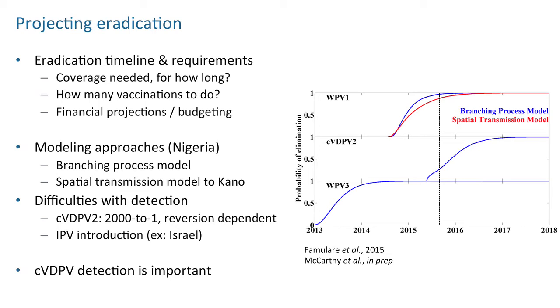So this is time on the x-axis. And for the 3 types of currently circulating viruses in Nigeria, type 1 shows to be with a high probability of elimination right now. Type 2 is in a steep part of the probability of elimination, but it's not quite done. And type 3 is almost certainly gone.